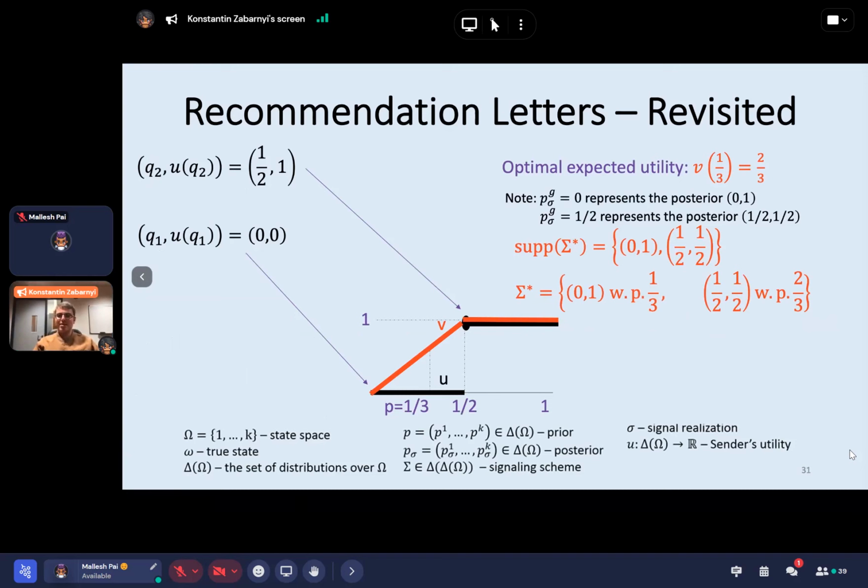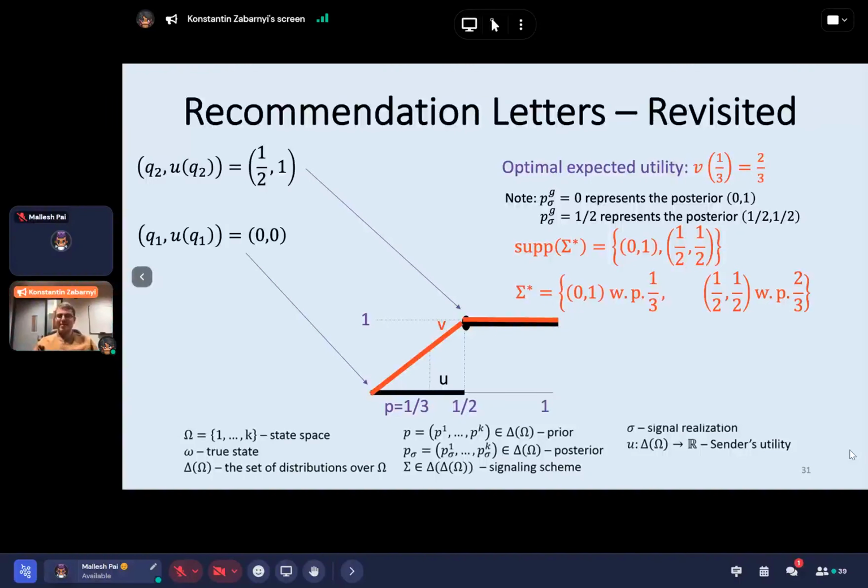The prior in this example is 1/3, and therefore the optimal expected sender's utility is the evaluation of the red function at 1/3, which turns out in this example to be 2/3.